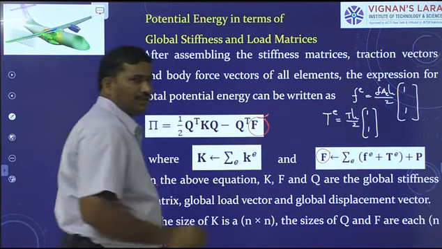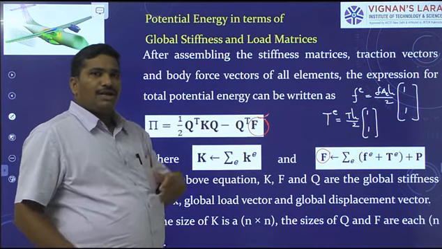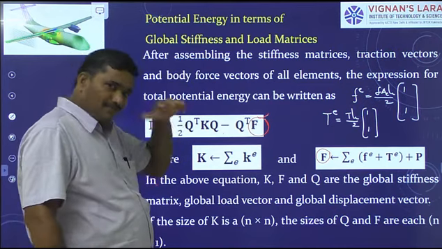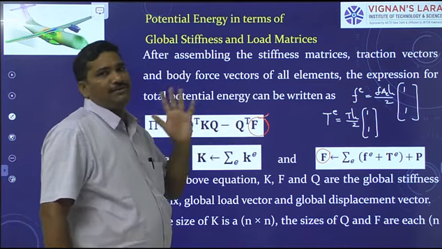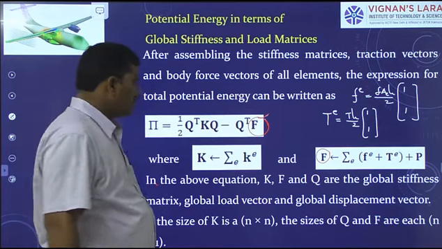In our earlier discussion, this was taken as P, because in the solid I took a force F acting at node 3. Therefore, in my discussion, I took this as P. But here, F we take as the global load vector.